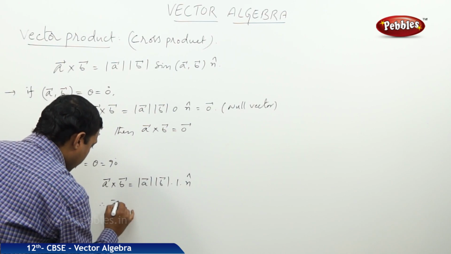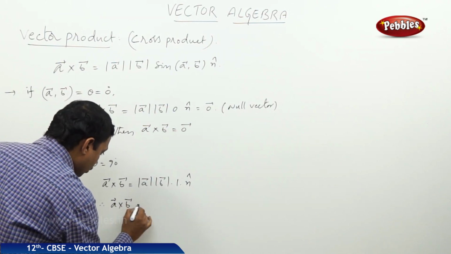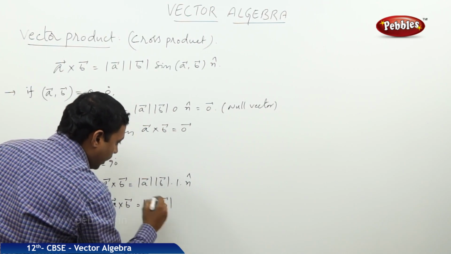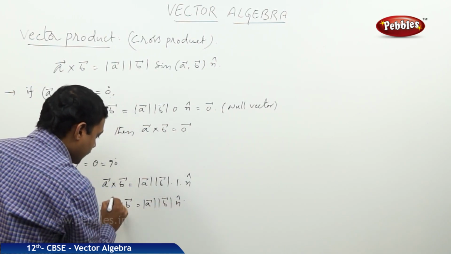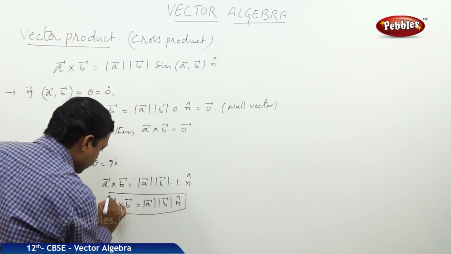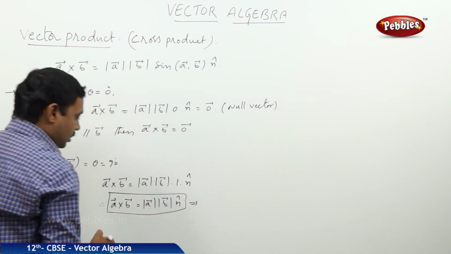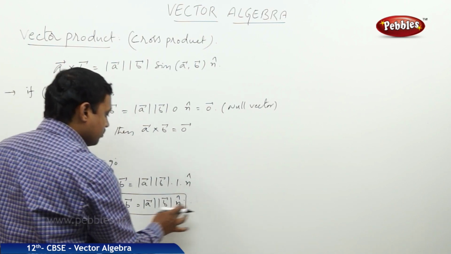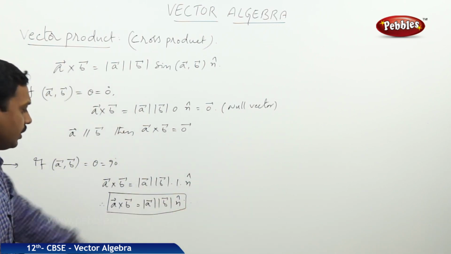Therefore, A cross B is equal to mod A mod B into n cap, or it is some scalar into n cap, some lambda into n cap.